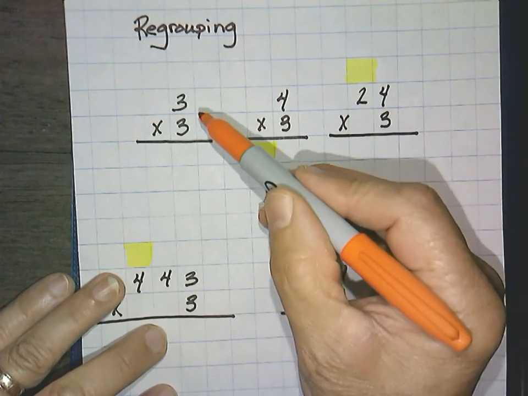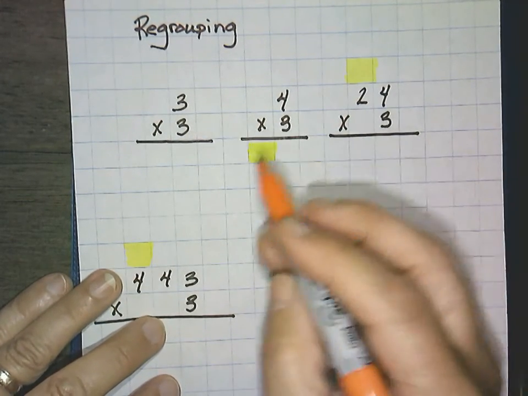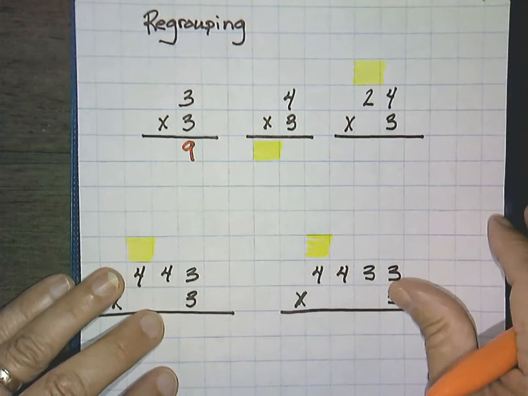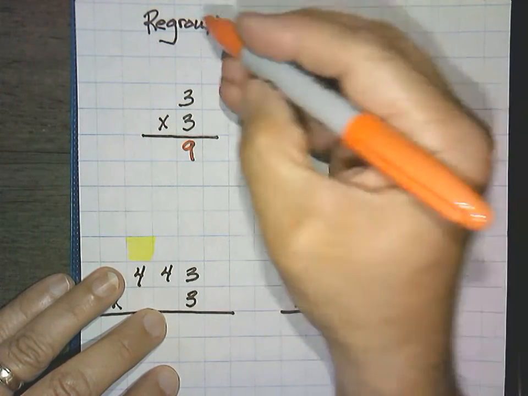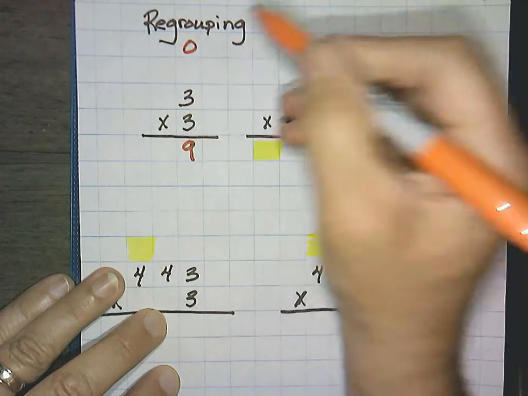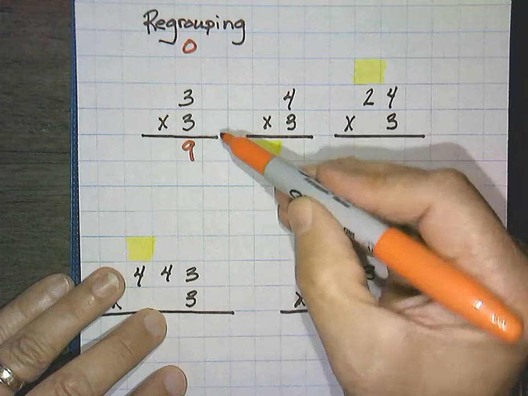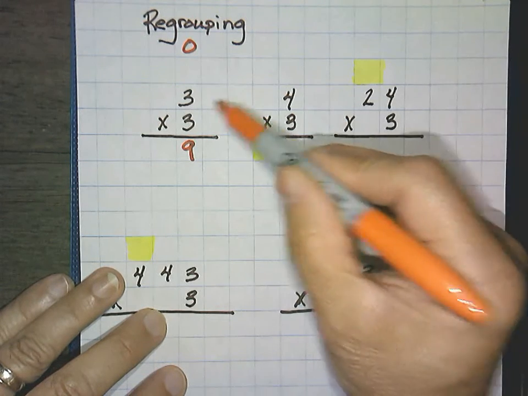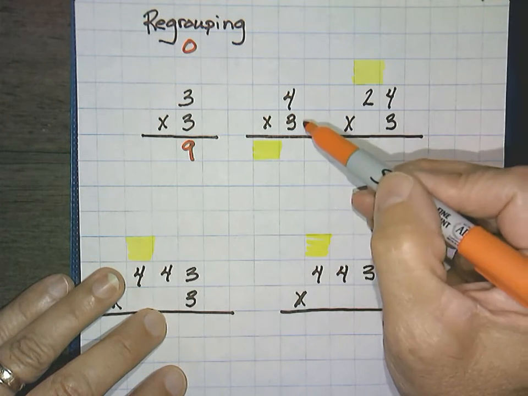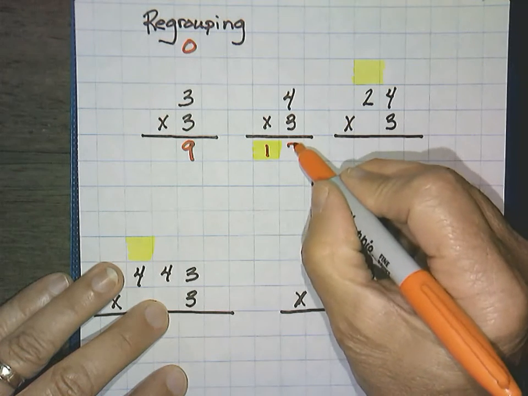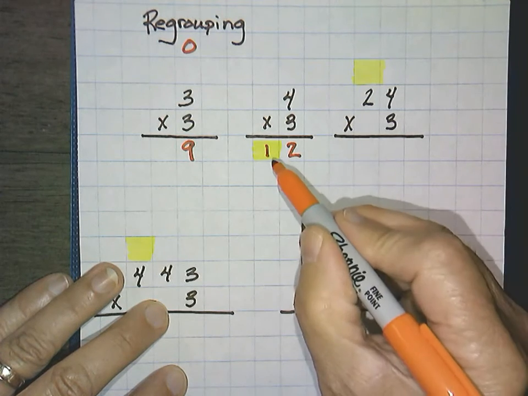For example, 3 times 3 is equal to 9. And that is a 1 digit. If I were to put my place value, a 1 digit would just be in the ones. However, if I said instead of 3 times 3, 4 times 3, that would be equal to 12, which is a 2 digit.